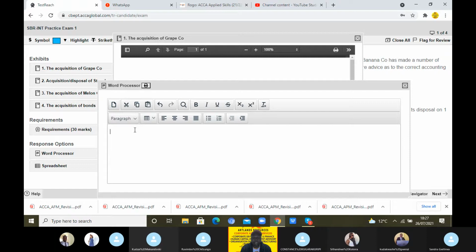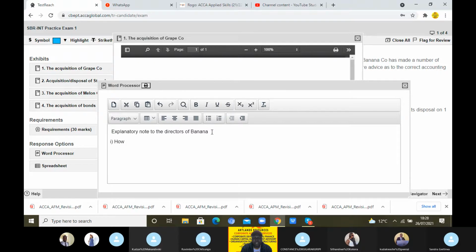So you write, explanatory note to the directors of Banana. This is question 1. You do the underlining later, otherwise you get confused underlining, removing, underlining, etc. So the first explanatory note is to the directors of Banana, and then you say 1.